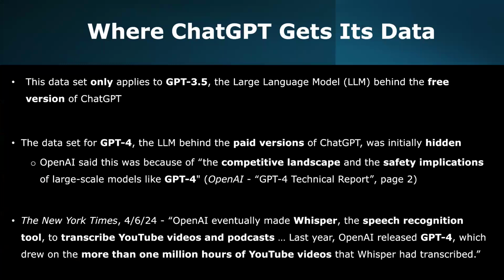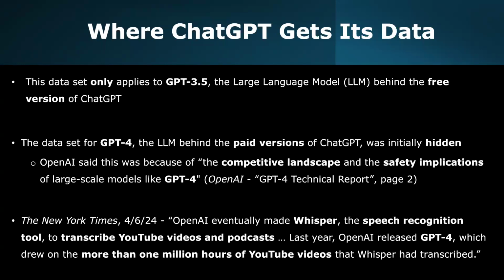This data set is only applicable to the free version of ChatGPT, however, which is based on GPT 3.5, a large language model, LLM, that processes, analyzes, and replicates human language.